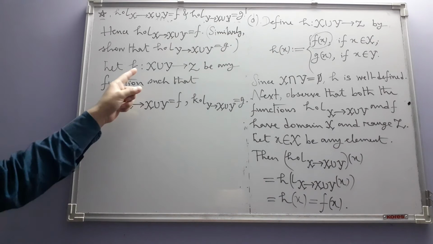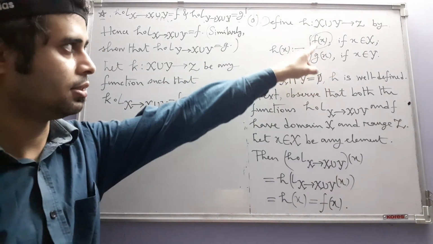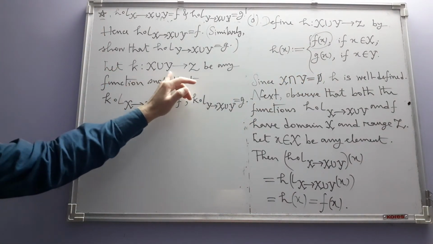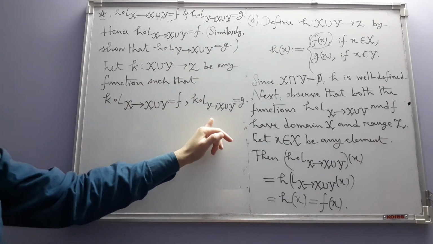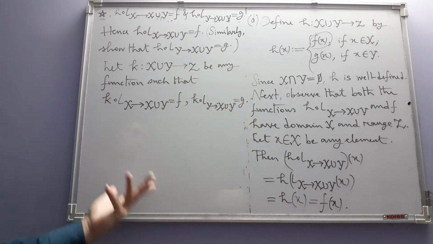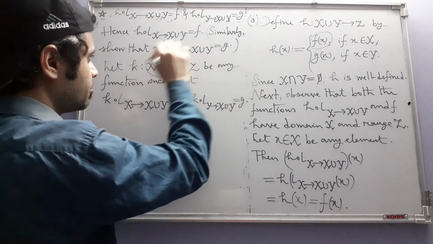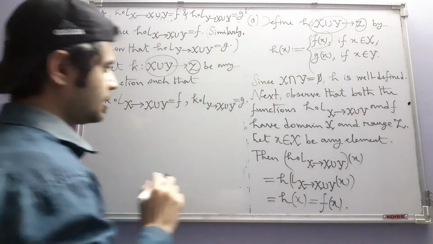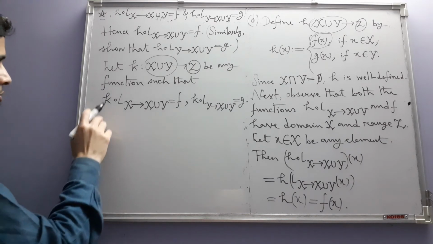See, the first thing is that both H and K have, H is this specific function which has been defined using F and G. K is any function with domain X union Y, range Z, and satisfying these two equations. It can be any function, but we have to prove that it is nothing but H. So already H and K have the same domain X union Y and the same range Z. So it's enough to just show that they match in terms of mapping the values of the domain.